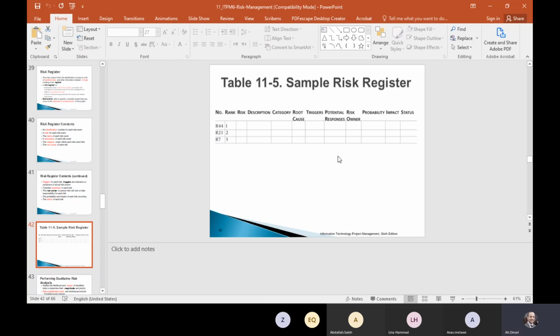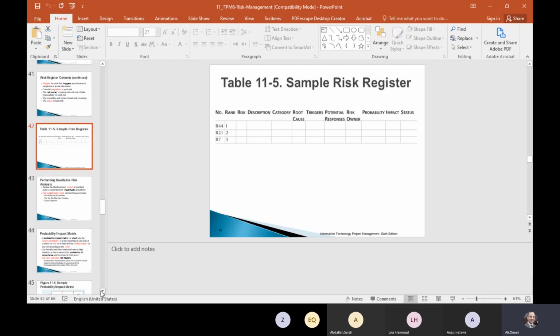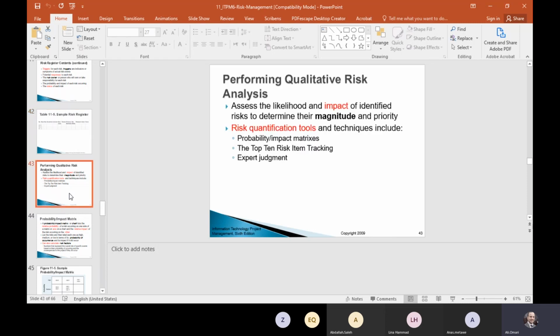All the information that you need about the risk. So the risk register is a document that you have to design to keep track of and identify all the risks during the project life cycle.